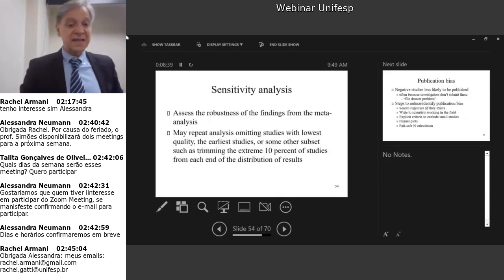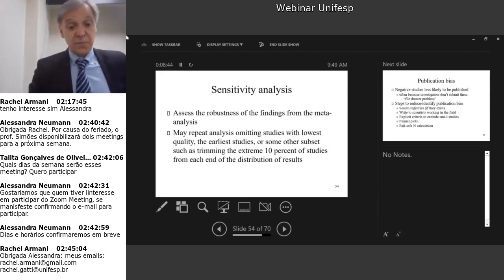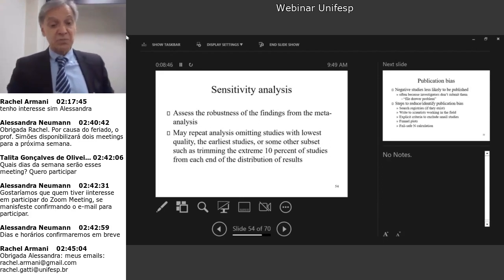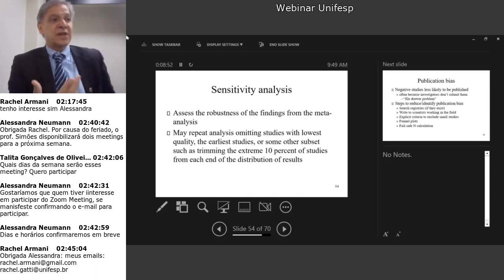Sensitivity analysis assesses the robustness of the findings from the meta-analysis. You may repeat the analysis omitting studies with the lowest quality. So it's equivalent to what you do in a sensitivity analysis of a case-control study where you have selection bias because you lost some information, or a cohort where you lost people to follow-up. You have a cohort of 1,000 people, you lost 100 to follow-up.